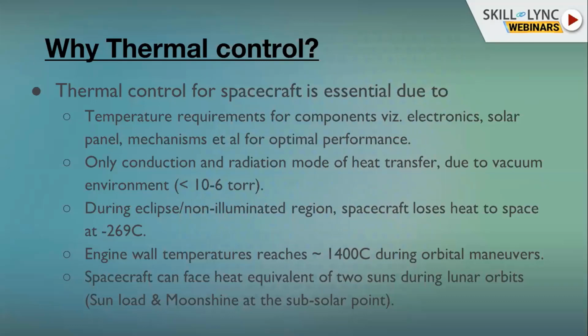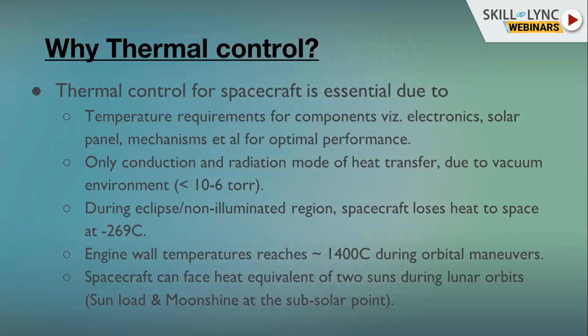Then we have engine wall temperatures, which are around 1400 degrees Celsius. Now these engines will fire when you have to do any orbit raising or orbit lowering maneuvers, or you have to adjust the attitude of the spacecraft. For example, you must have heard about Chandrayaan 2, that it has to take a lot of rounds in the orbit.